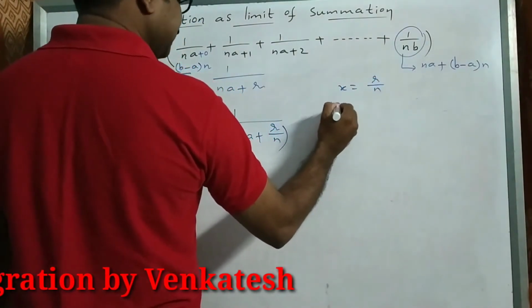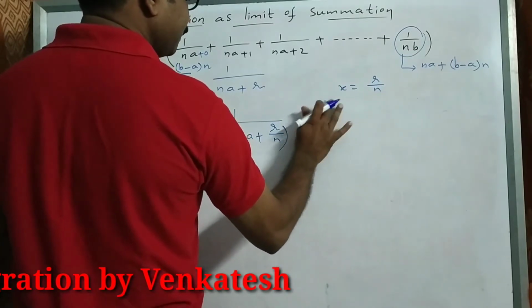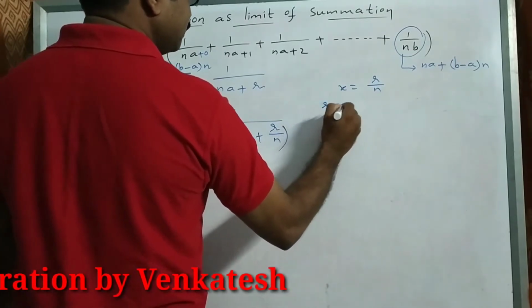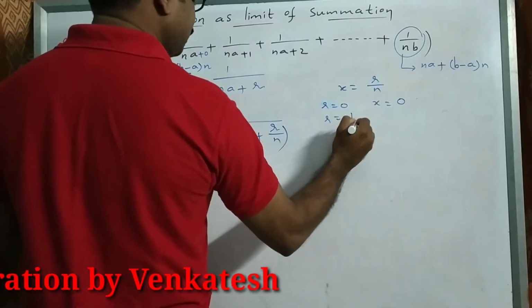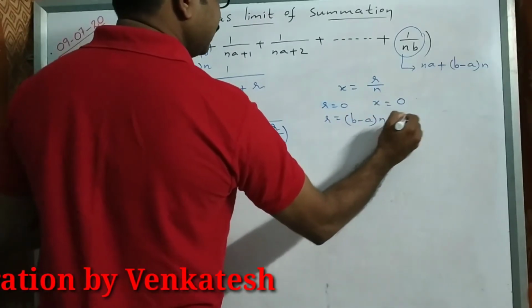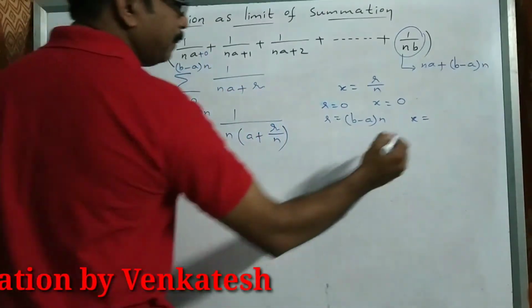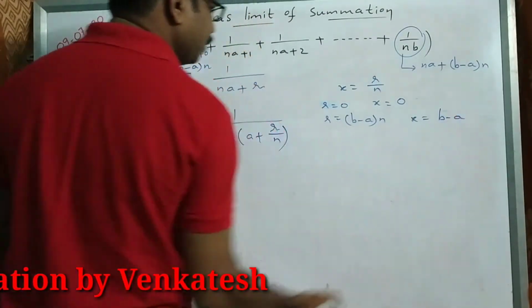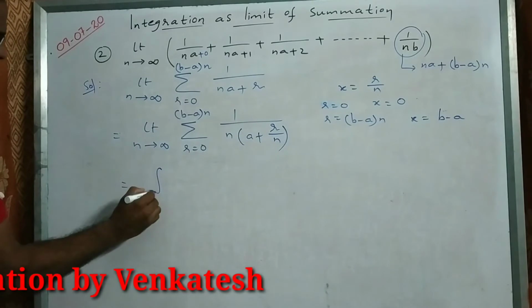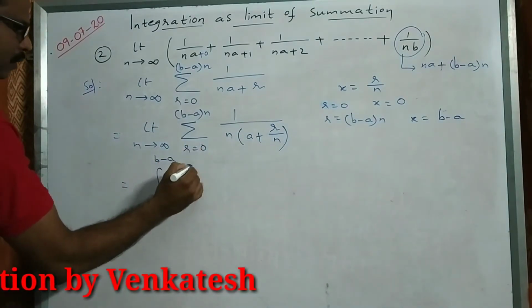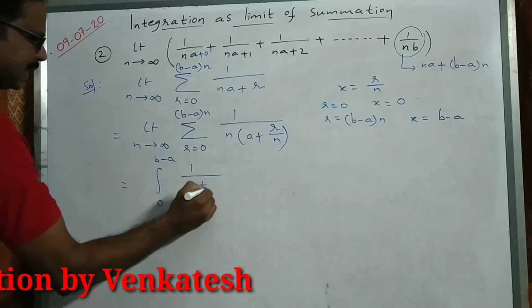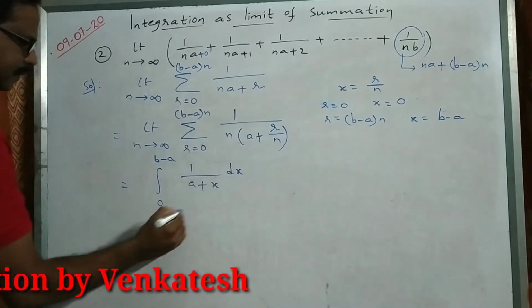If r equal to 0, then x equal to 0. If r equal to b minus a into n, then x will be b minus a, right? So what are the limits here? Integral 0 to b minus a, 1 by a plus x dx.